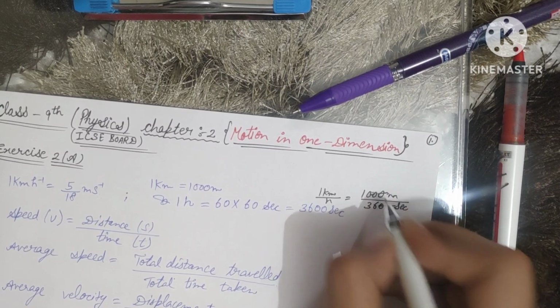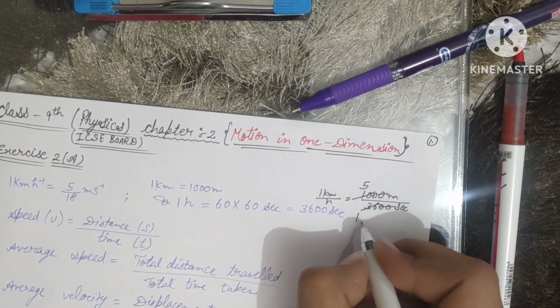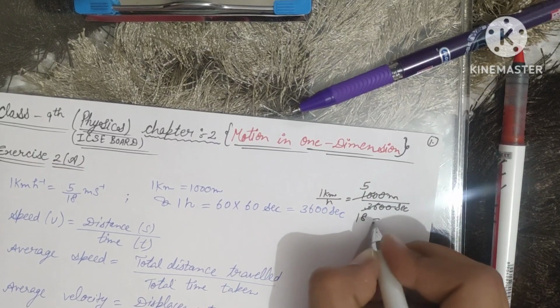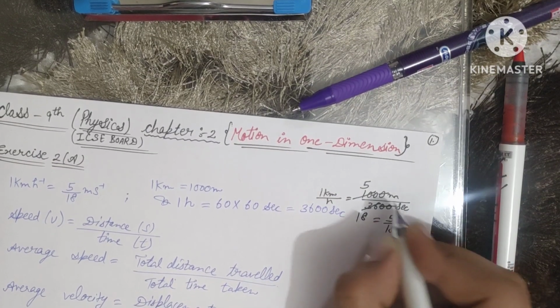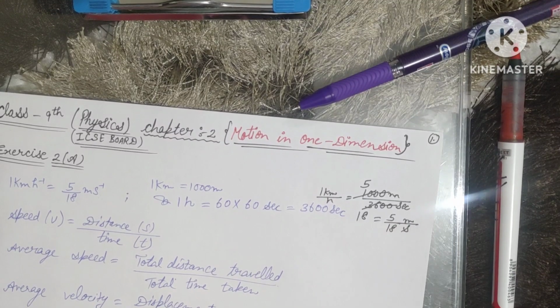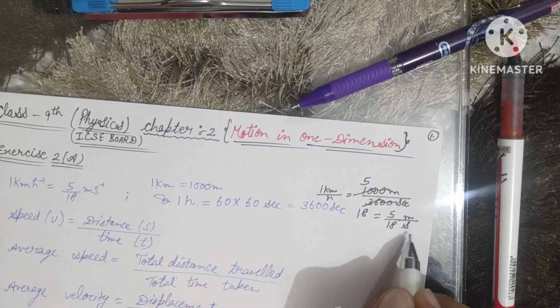Now 2 zeros will cancel. 5 2s are 10 and 2 18s are 36. So what we got is 5 by 18 meter per second. That's why 1 kilometer per hour is equal to 5 by 18 meter per second.